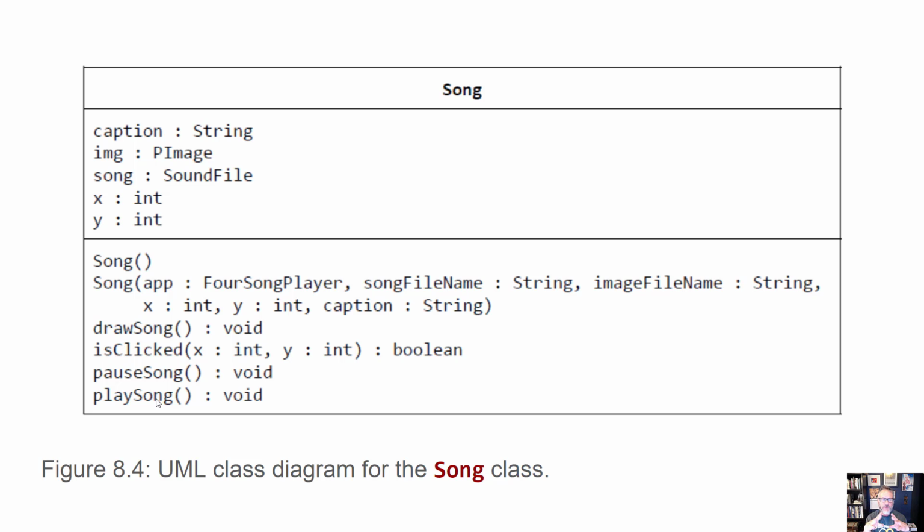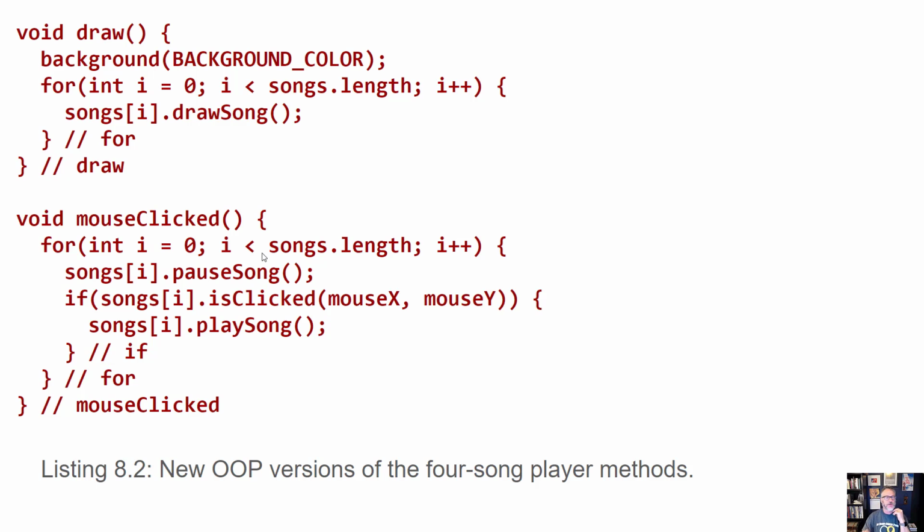So now all of the complicated stuff is taken care of by the object itself. Check out how this simplifies our draw and our mouse clicked pieces. First of all, we've got all of our songs in an array. To draw, I erase my background, and then I go through my songs array and just tell them, draw yourself. Much simpler than the previous version.